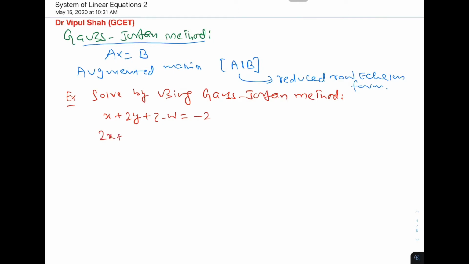Then 2x plus 3y minus z plus 2w equal to 7. Then x plus y plus 3z minus 2w equal to minus 6, and x plus y plus z plus w equal to 2.